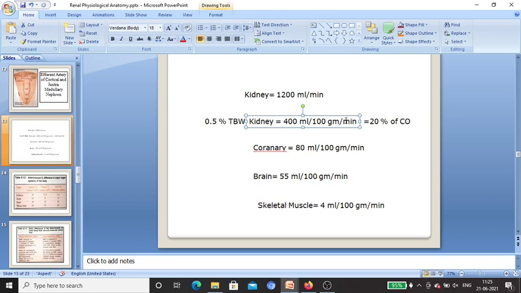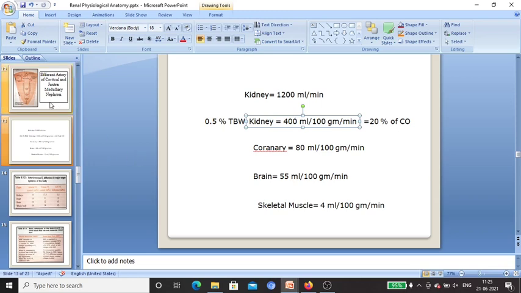Sympathetic tone to the renal vessels increases and sends renal blood flow to the skeletal muscle. So when we go for exercise, sympathetic stimulation will occur, and this renal blood flow will shift toward the skeletal muscles. So at rest, the highly perfused organ will be your kidney.